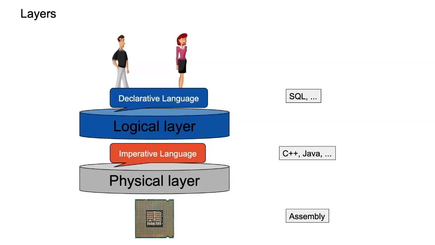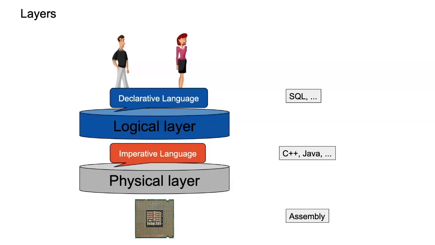Yes, so this is what I was telling you, that it's all a matter of layers. So you have C++ and Java. You don't need to worry about that because it's the engineers of PostgreSQL that deal with this, that implement the database management system. And you as the user can use SQL or even UIs on top of that, user interfaces.